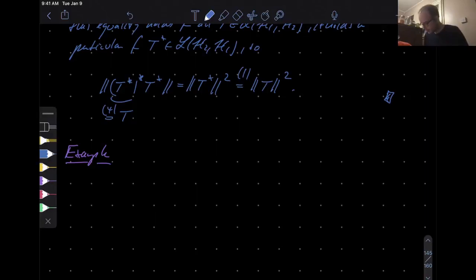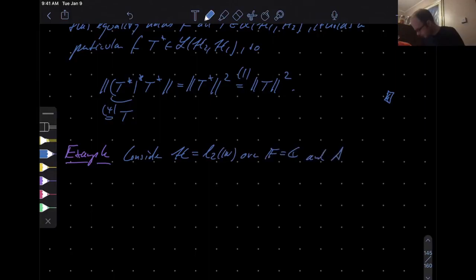So let's look at the Hilbert space H, the square summable sequences over, say, the complex number field, and then we need an operator S sub n that we encountered in a previous example right before we defined the adjoint.